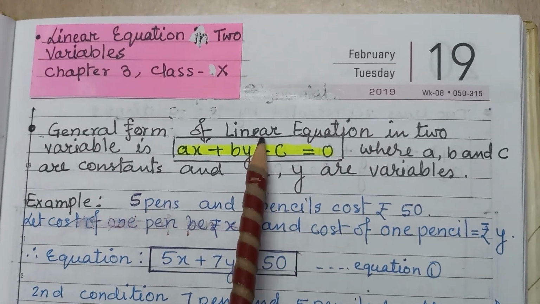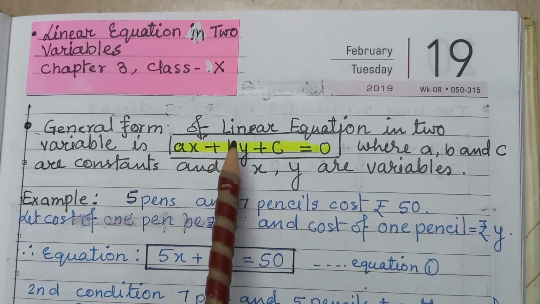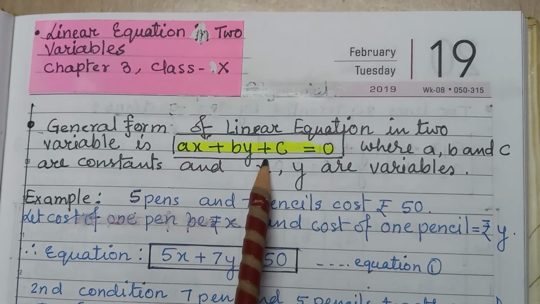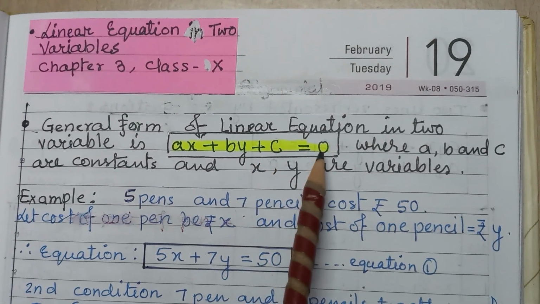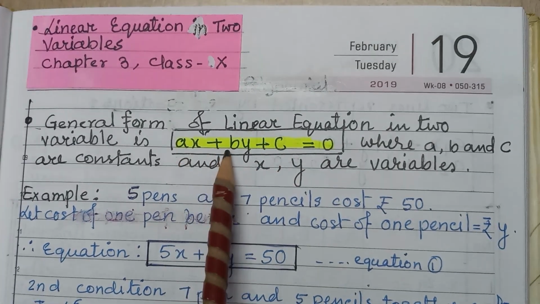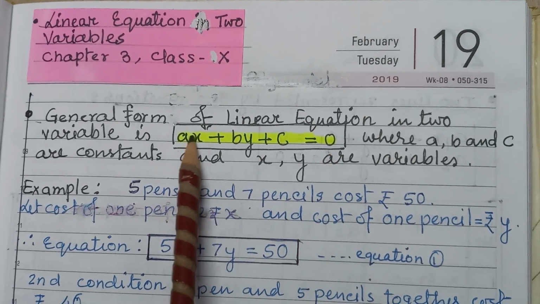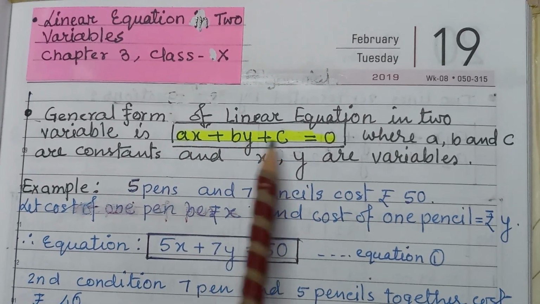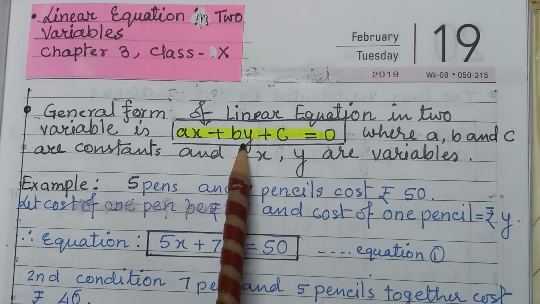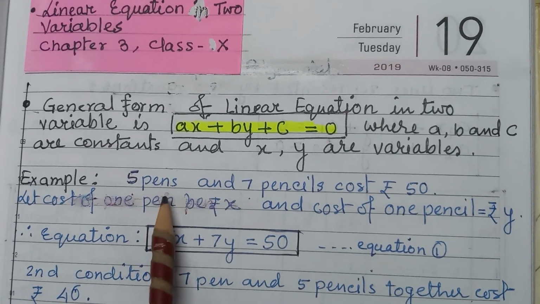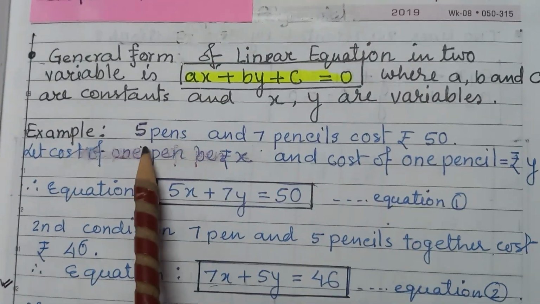Linear polynomial, ax plus by plus c, you learned in the previous chapter. Now it is the linear equation, ax plus by plus c is equal to 0, where a, b, c are constants and x, y are variables.